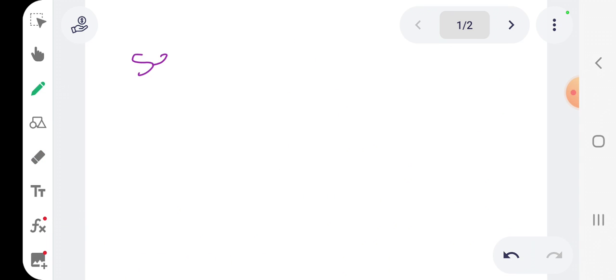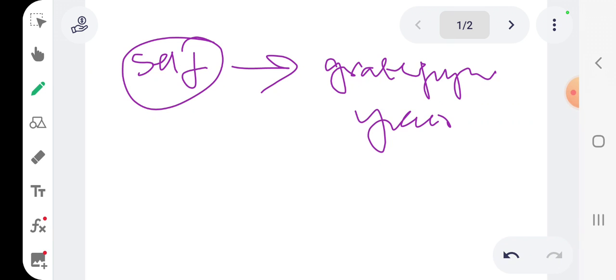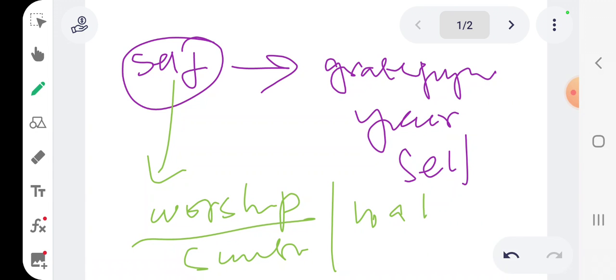And such a conception of self basically consists in gratifying yourself. And is increasingly incapable of worship and submission to a higher will, to a divine will.